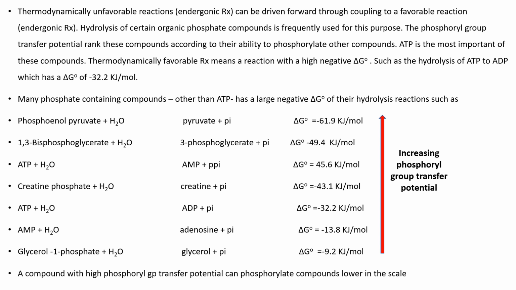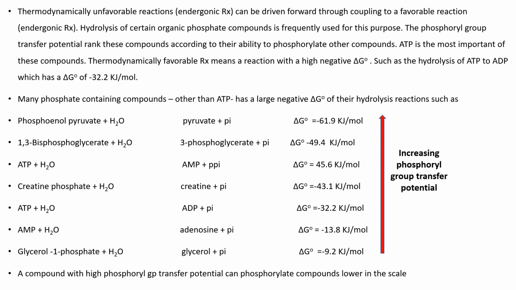A thermodynamically favorable reaction means that the reaction has a large and negative delta G, such as the hydrolysis of ATP to ADP, which has a delta G node of minus 32.2 kJ per mole.